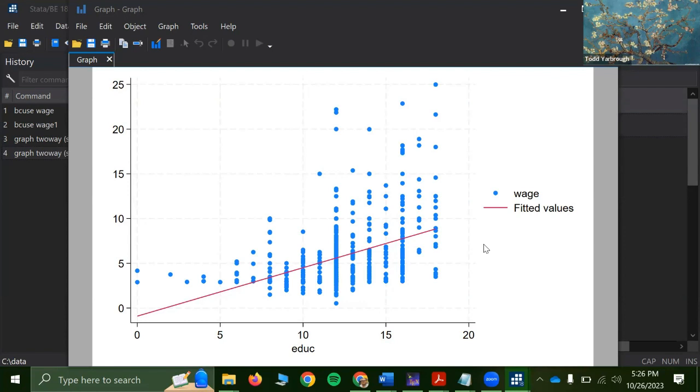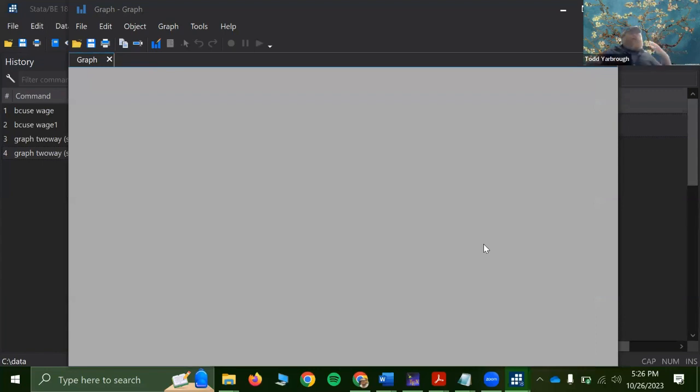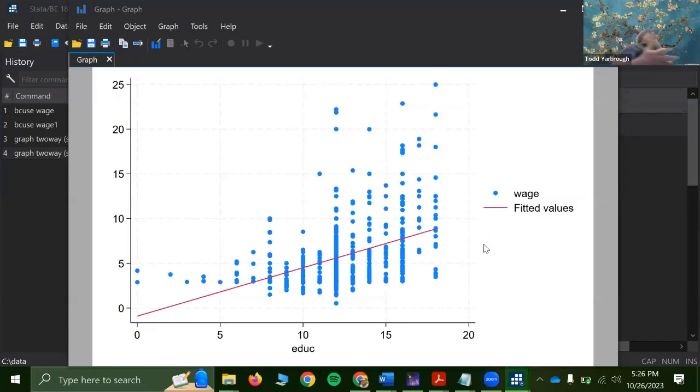But then when you get past, especially 12 years, it looks like it goes exponential, right? Relative to the data, it looks a little nonlinear. So if I'm worried about nonlinearity, then I'm potentially violating my conditional mean assumption, and I can't trust the estimation. The estimation is potentially biased.